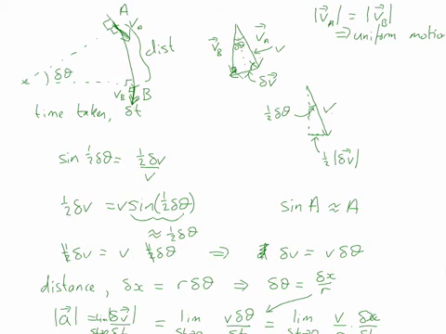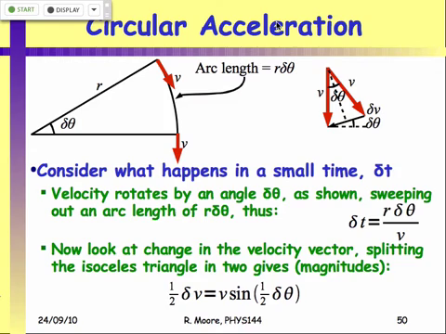So the acceleration will always be at 90 degrees to the velocity. And as you can see here, it's pointing in this direction, so the acceleration vector will point inwards towards the center. And the magnitude is given by v squared over r. Okay, any questions on that? Good.